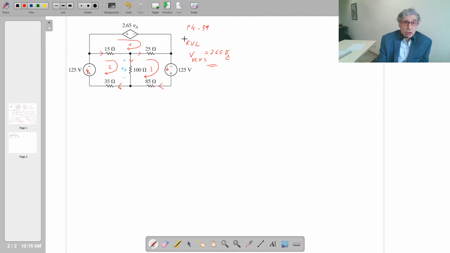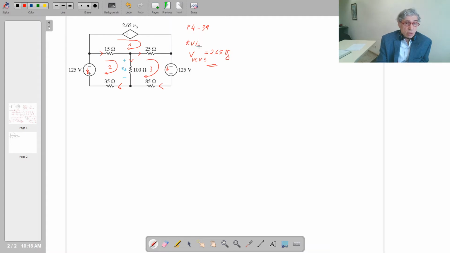While I am writing the Kirchhoff voltage law equations, I'm going to meet that, and I can replace it with the definition relation. So I'm not going to write an additional supplementary equation because of this dependent source. These are independent voltage sources, which are 125 volts.